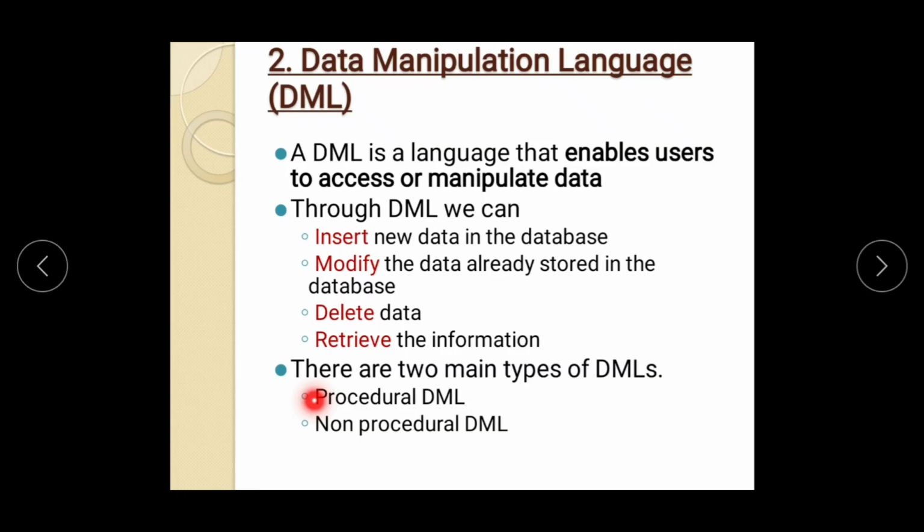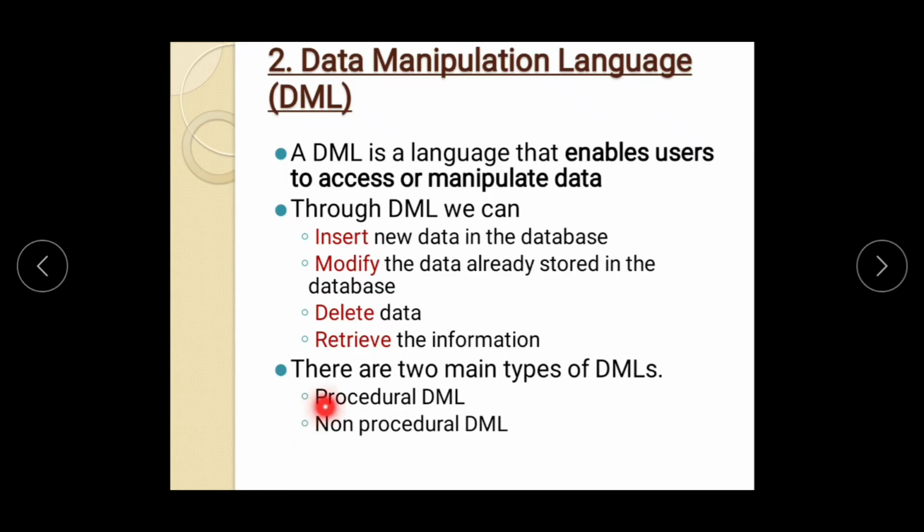So how can we write DML code? In order to retrieve information or insert data, we have to write certain commands. We can provide those commands using two techniques: procedural DML and non-procedural DML.